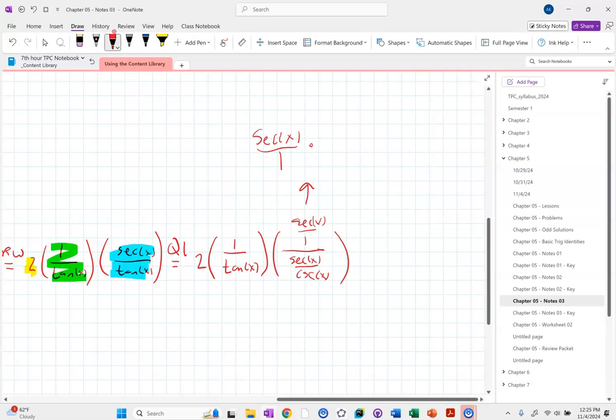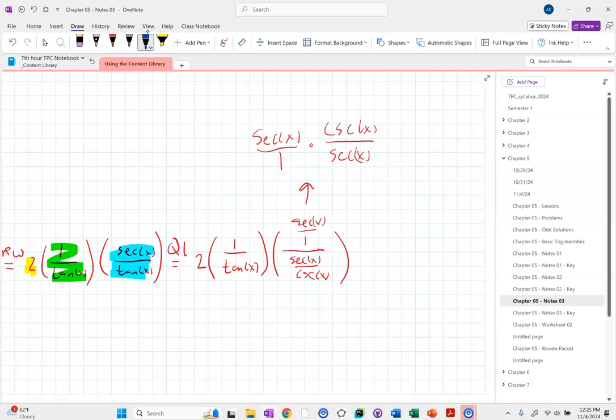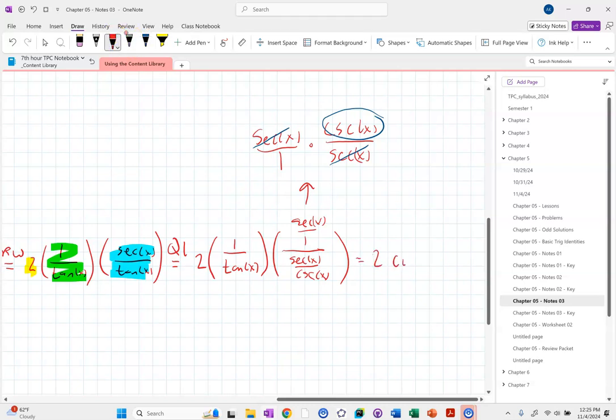I flip the right, in this case the denominator, and then multiply. And what do you notice that's going to happen here? Which is exactly what we were hoping to get, right?